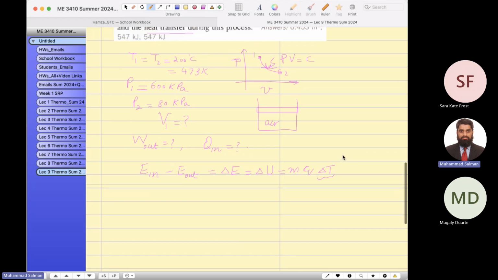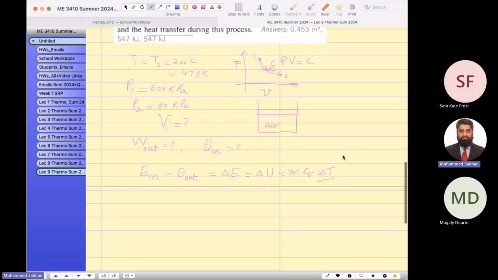If this is an isothermal process, can you tell me the change in temperature? Good, Sarah says it is 0. That's correct because it is an isothermal process. The right hand side is equal to 0.